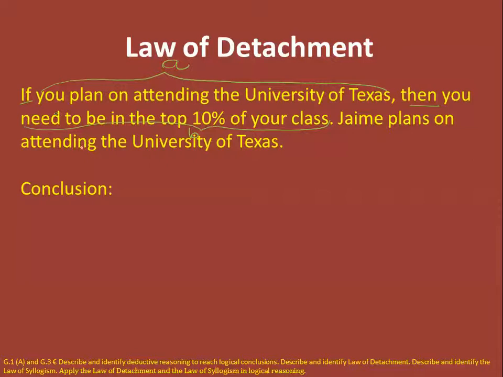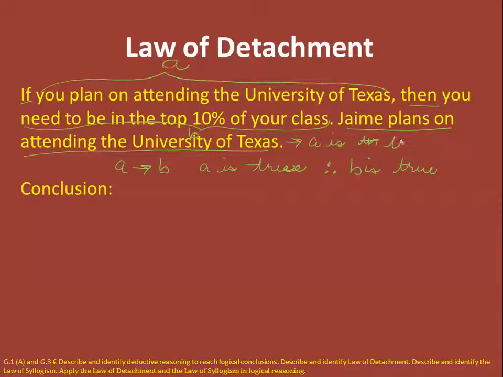Alright, so it says for part A, and remember what we're doing here, if A then B, A is true, therefore B is true. So if you look right here, this second sentence is just repeating A. But why it's repeating A is it's letting us know A is true.